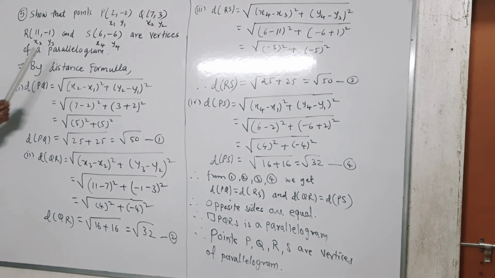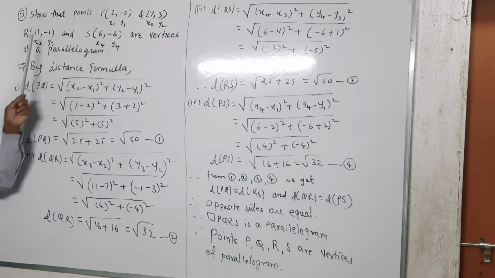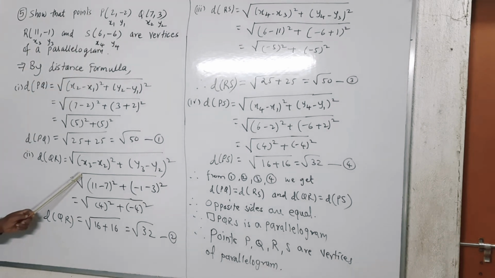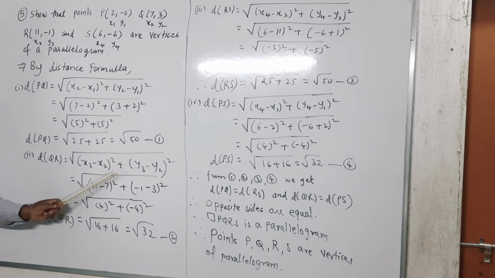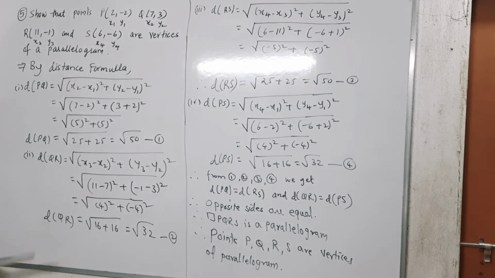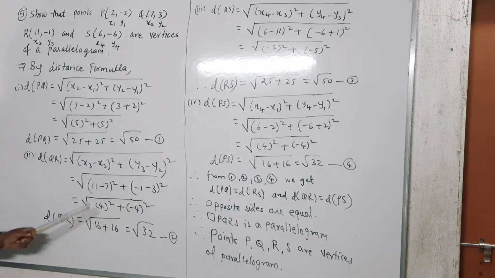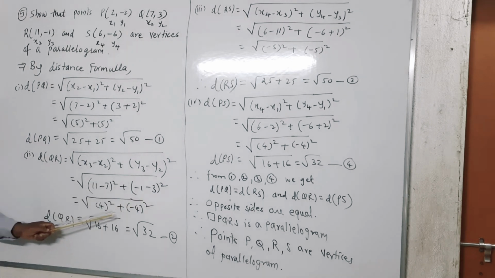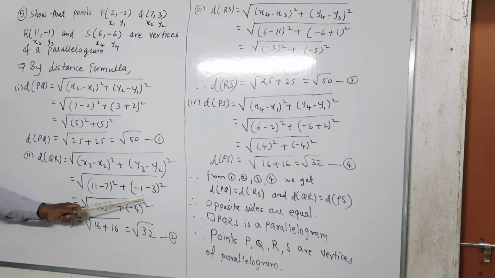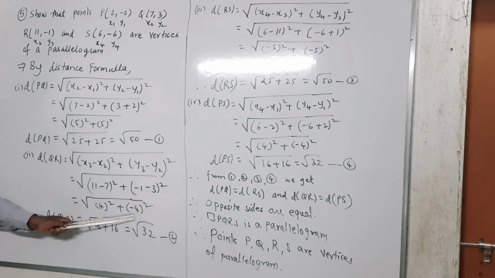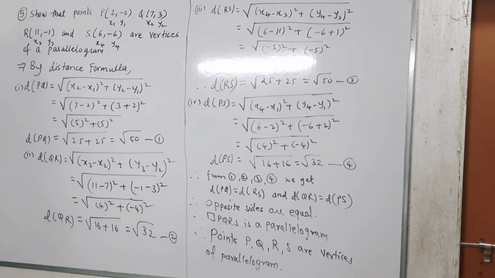Now distance QR, that is x2, y2, x3, y3. By distance formula, x3 minus x2 square plus y3 minus y2 square, that is x3 11 minus 7 square plus y3 minus 1 minus 3 square, 11 minus 7, 4 square plus minus 1 minus 3 is minus 4 bracket square.